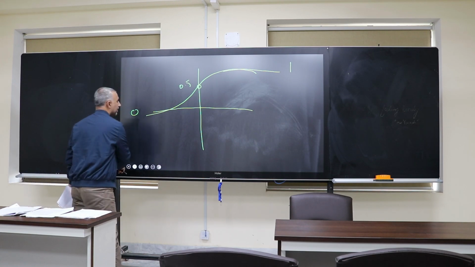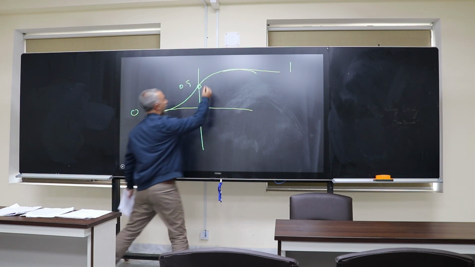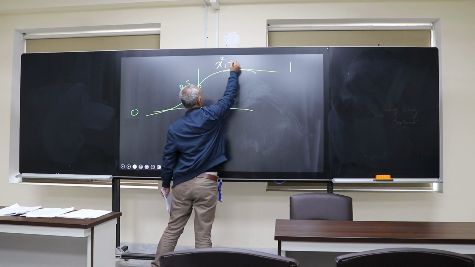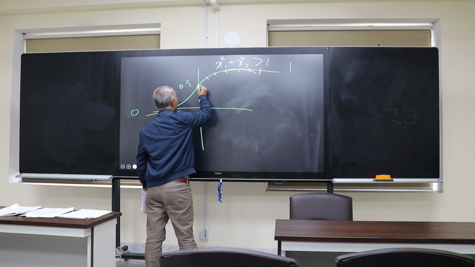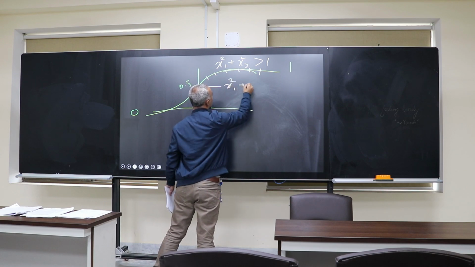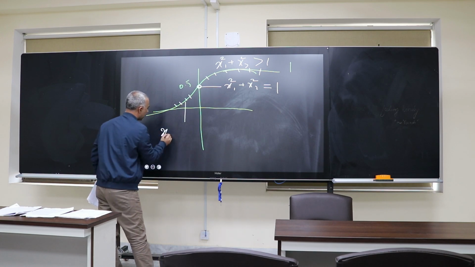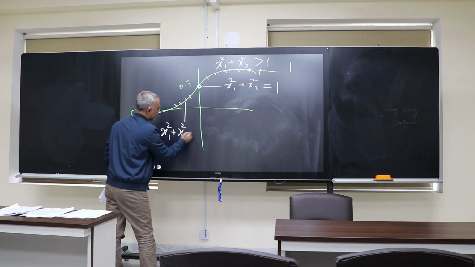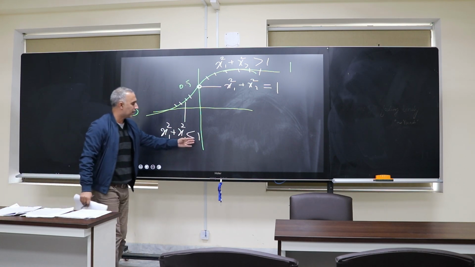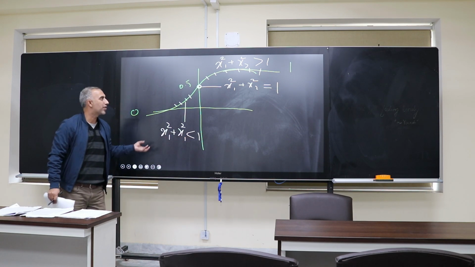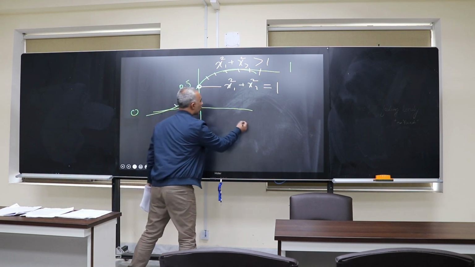So it will tell us where it is lying, in the case of x1 square plus x2 square greater than 1 here, and this point x1 square plus x2 square equal to 1, and less than 1. Though the unit radius is 1, with the help of the sigmoid function we will encompass the information within the range of 0 to 1.